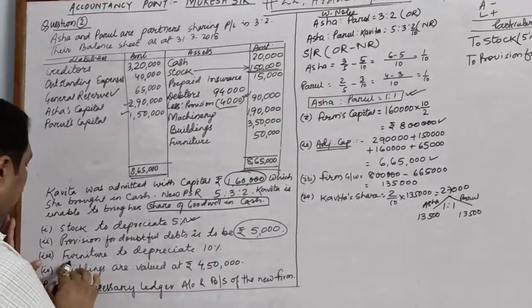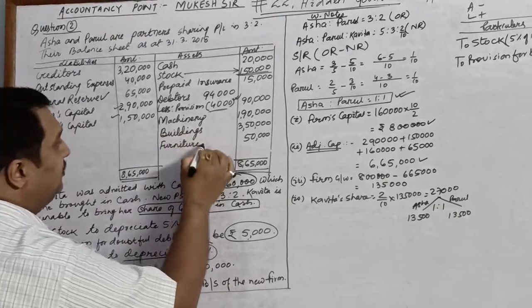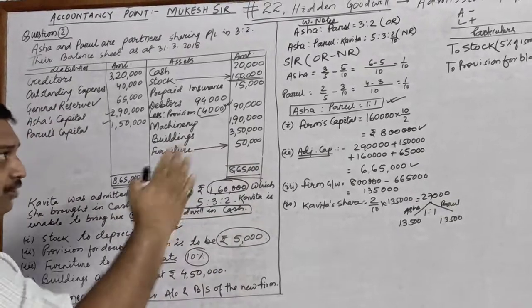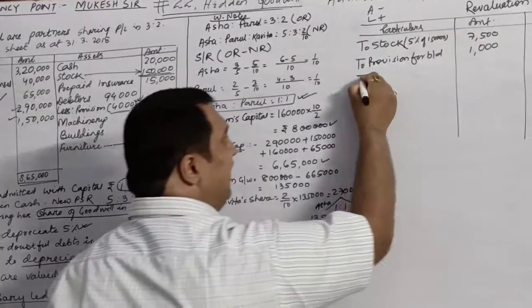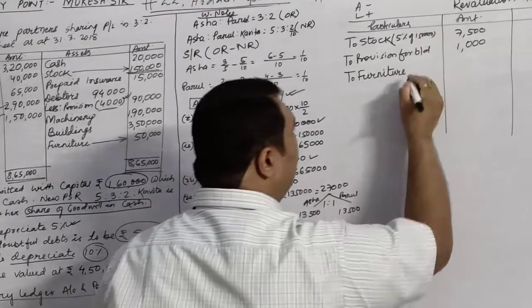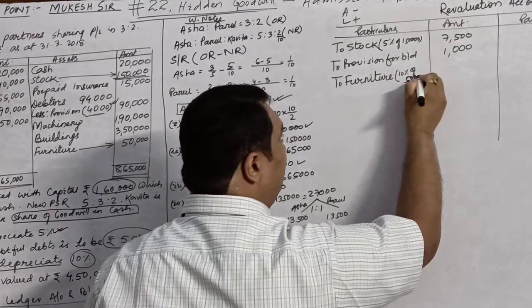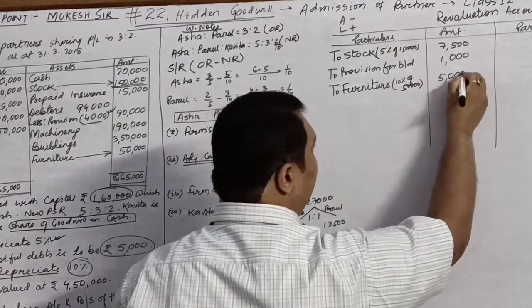Next item is furniture to depreciate by 10%. Furniture's value is 50,000. You have to depreciate. It is an asset. So once again I will write it over here. Furniture, it is 10% of 50,000, which will be rupees 5,000.